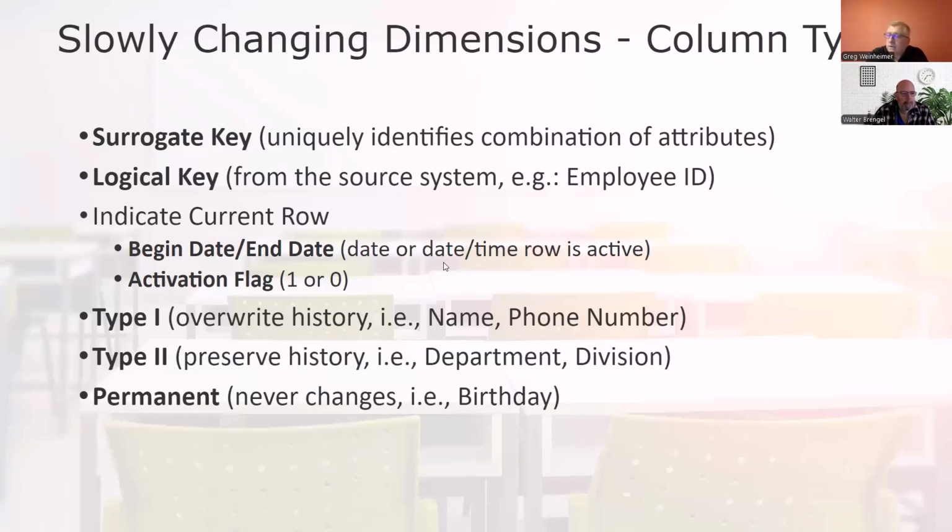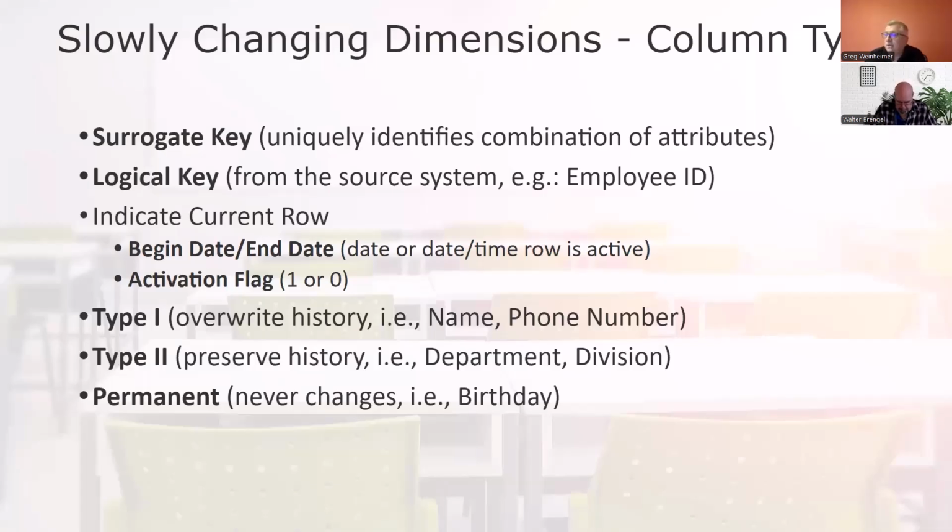We also have type 1, type 2, and permanent column types. Type 1 are values that you don't really need to keep history on, so you override it. So if somebody's phone number changes and you really don't care to keep their old phone number, which is no longer valid, that's a good example of something that you would set as a type 1 value and you wouldn't worry about keeping history for it. Type 2 is really what slowly changing dimensions is about.